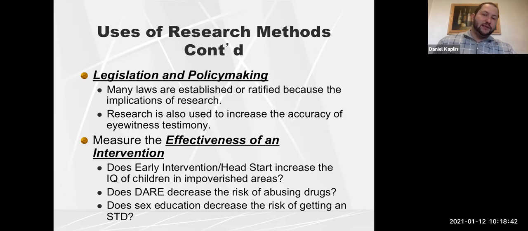And eyewitness testimony is powerful because that's used by prosecutors to put people in jail. And we know that there are many people who are in a jail cell that is based on eyewitness testimony, and it was flawed.